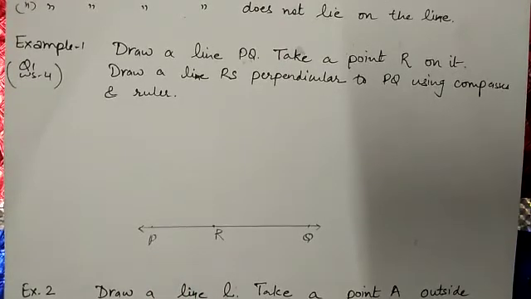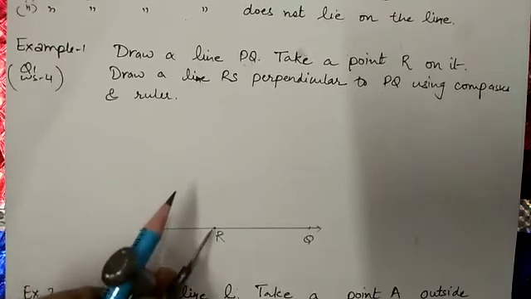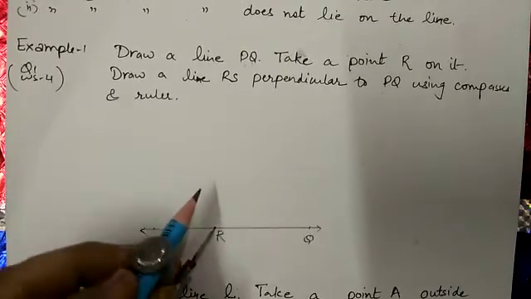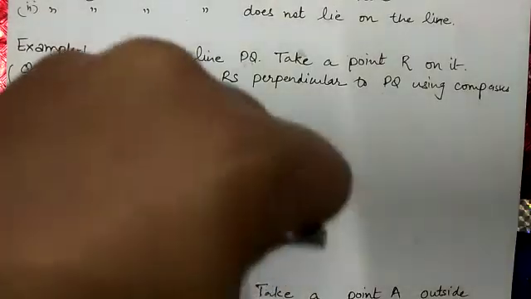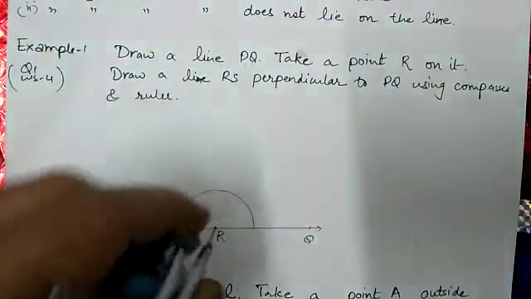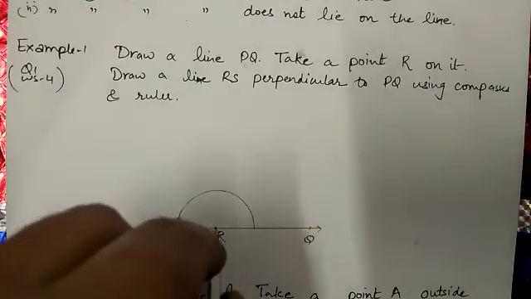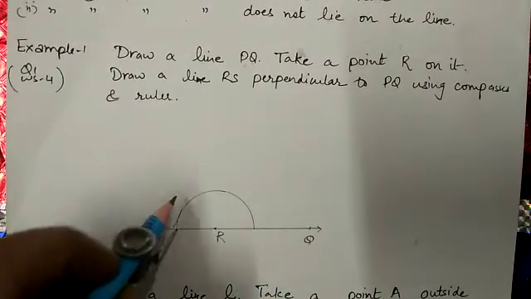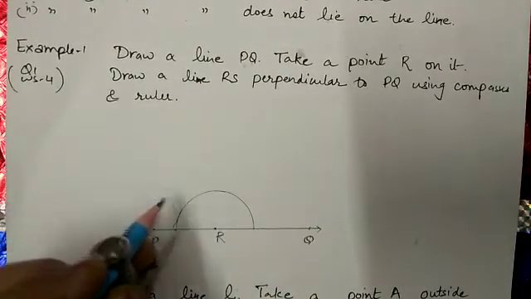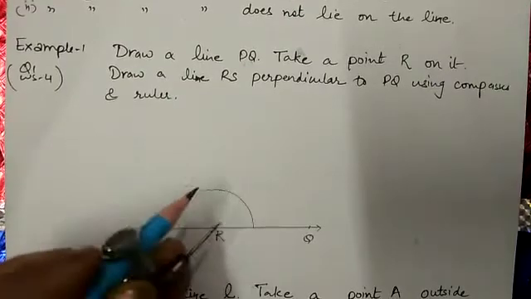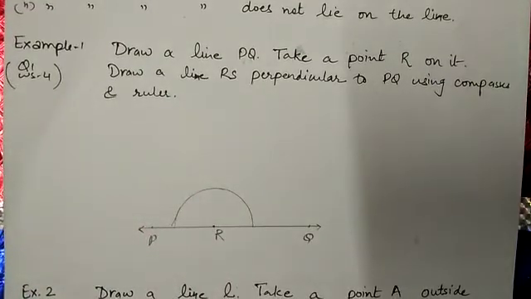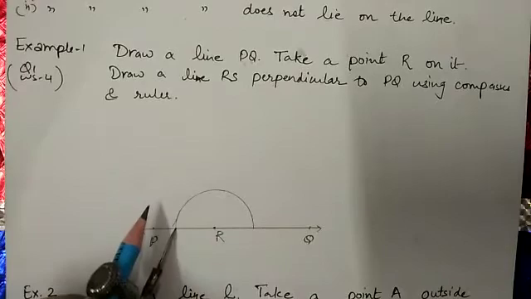So to construct a perpendicular, we will keep our compass at point R and draw a semicircle like this. Now there are two methods. This is the point 0 degree and this is 180 degree.